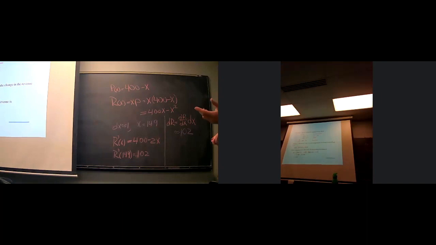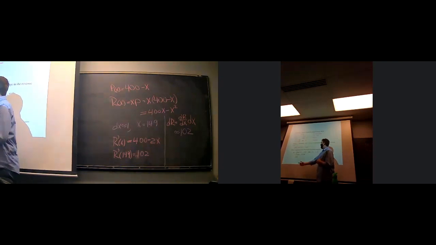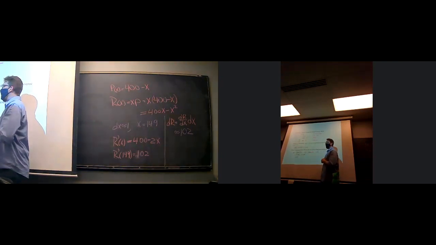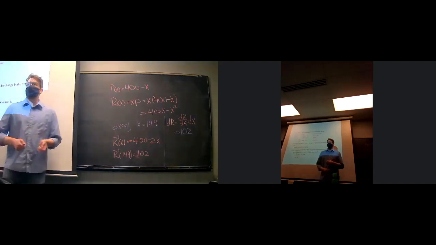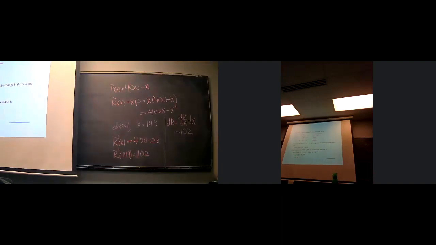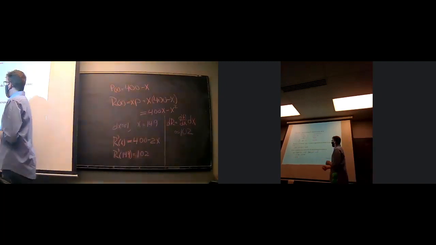Comparing it then to calculating delta R the long way, where you have to plug in 150 and plug in 149, you find that it comes out to be 101. It's a pretty close evaluation, right? And these values come out to be pretty close together.